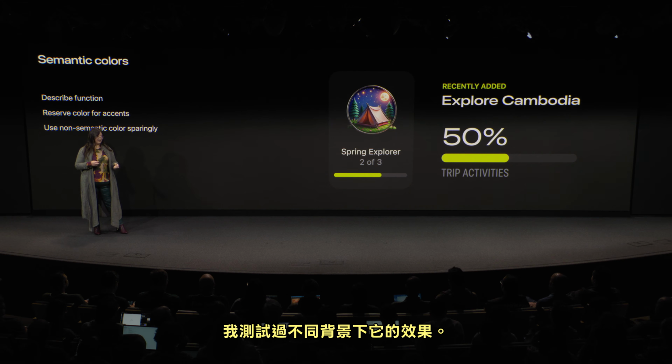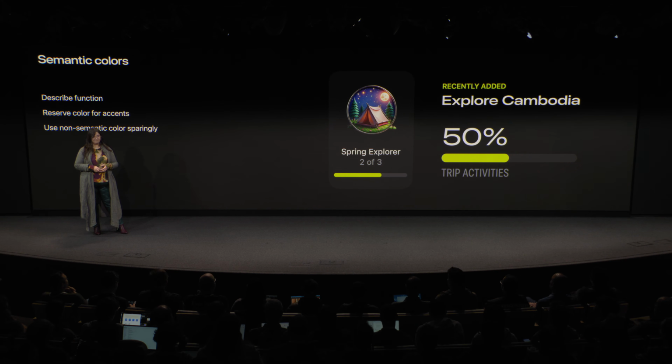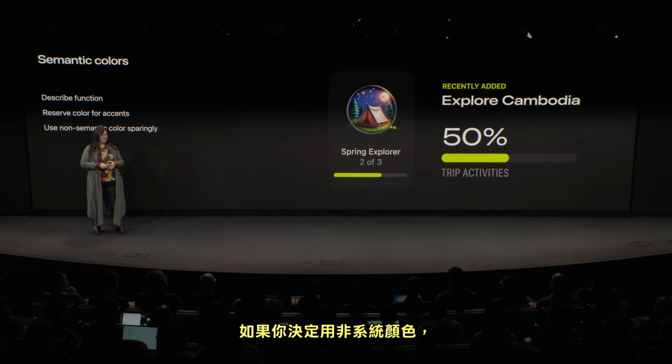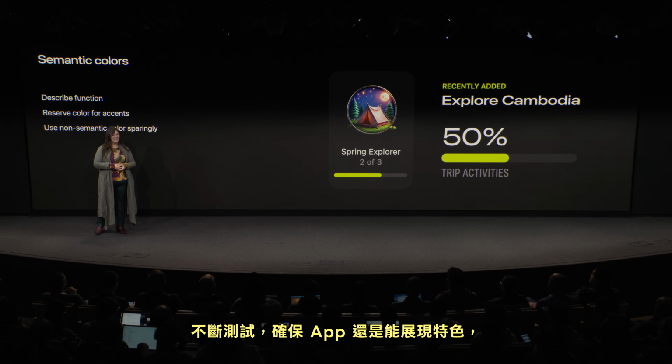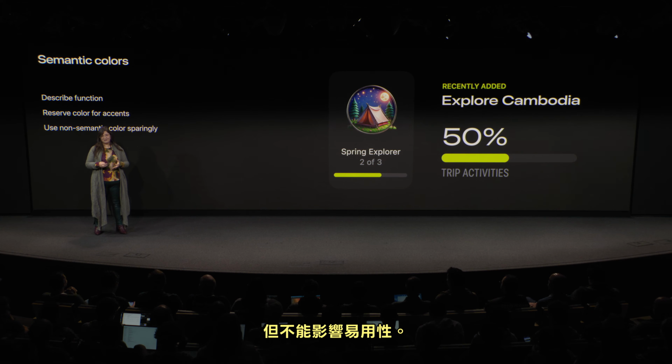I tested it against different backgrounds, and I also provided a value for increased contrast. So if you decide to use a non-system color, just make sure to follow some simple rules, just as this one: keep testing, and make sure that your app is still expressive, but without affecting usability.